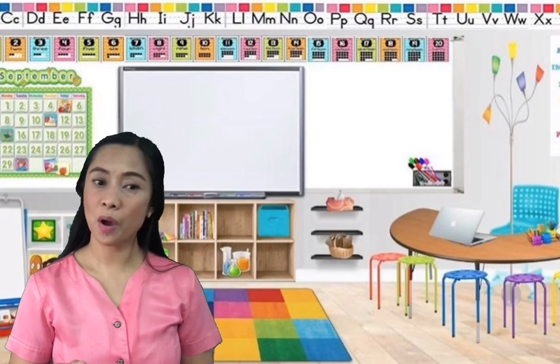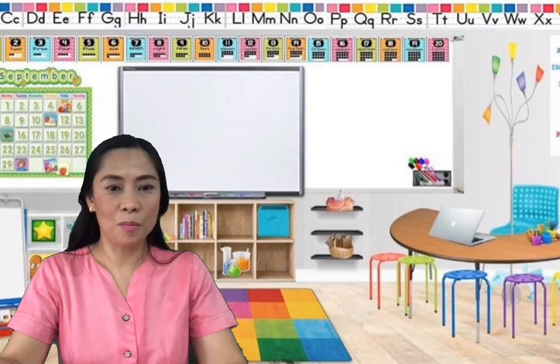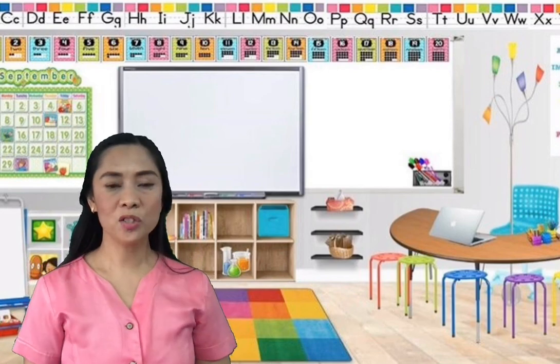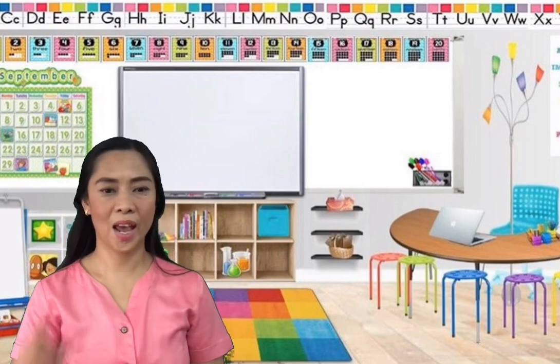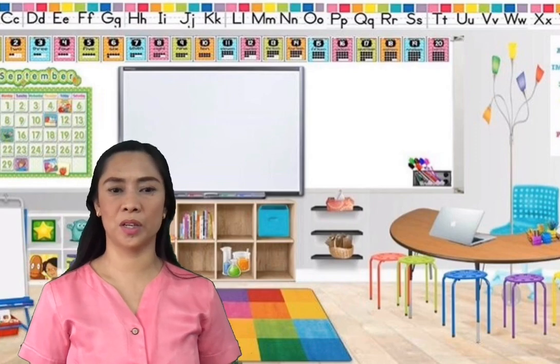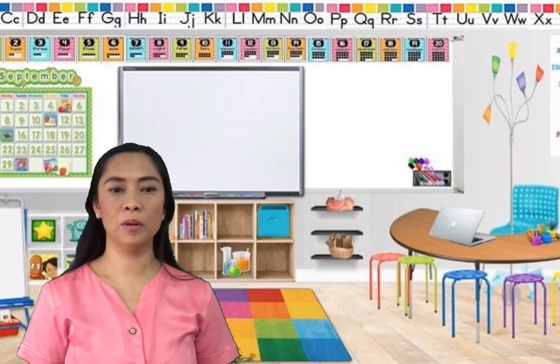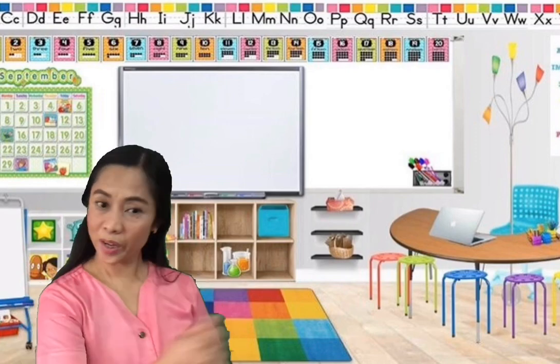Kids, are you having fun? Let's have some more. Read the story of The Pink Wig and identify the elements of the story using the bubble map. Let's read again.